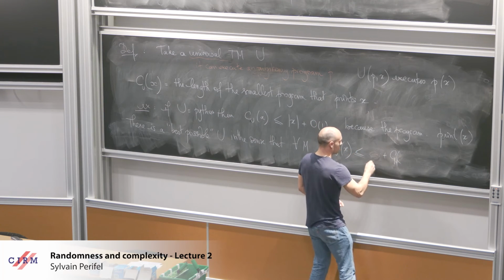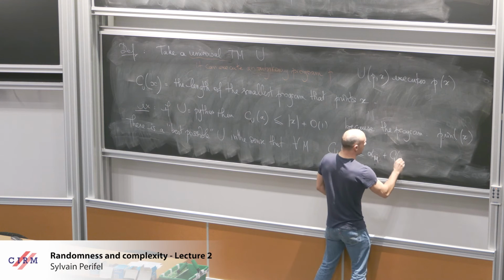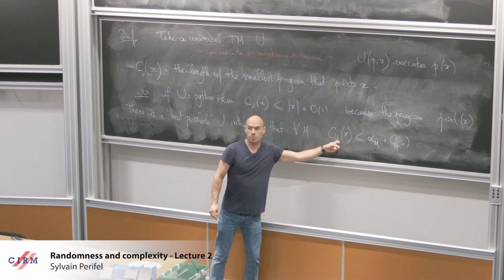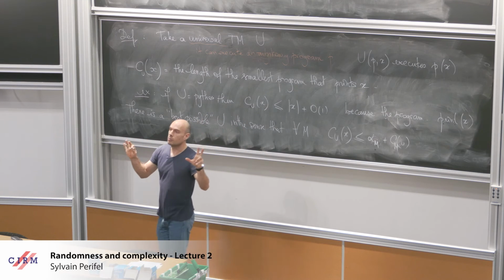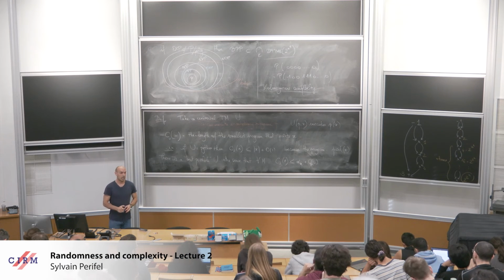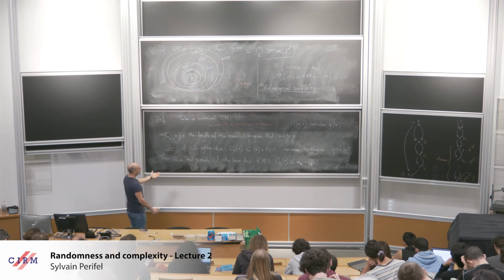Okay, this is not a good constant name. So you can choose a universal machine u that is kind of better, up to a constant, than every other machine m. Okay, and this will be the machine that we will choose.